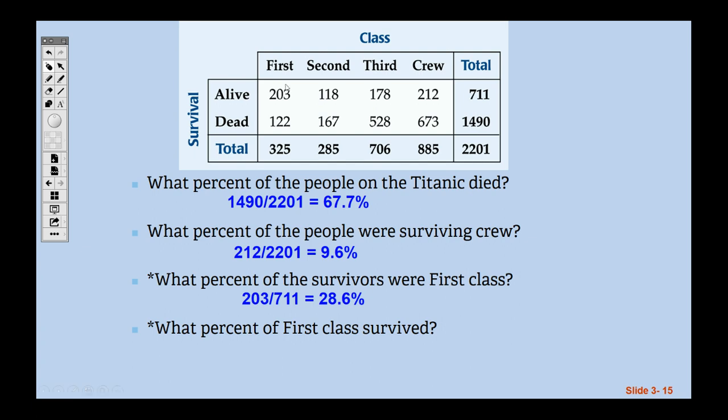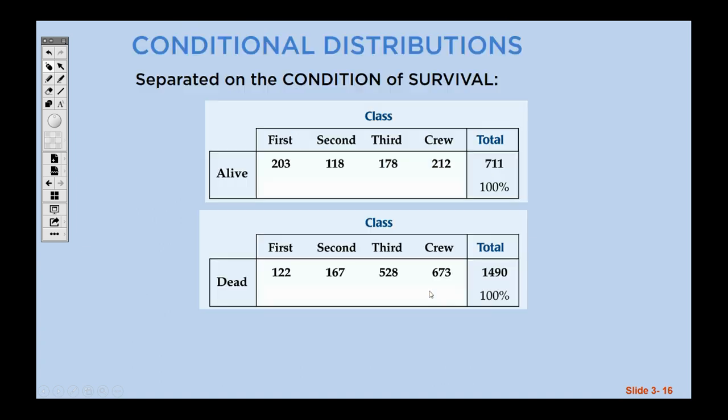What percent of first class survived? Out of first class, 203 out of 325 is 62.5%. So really pay attention to what we're talking about, of whatever is our sample space here.